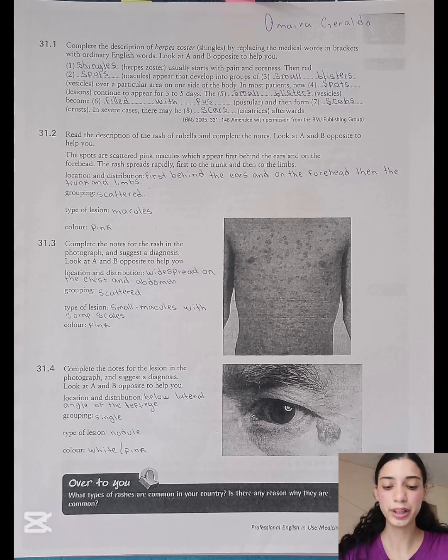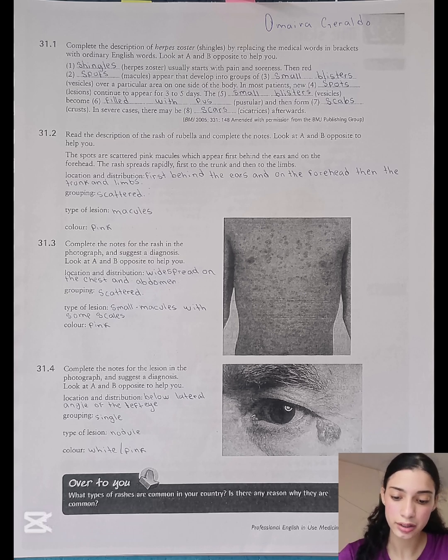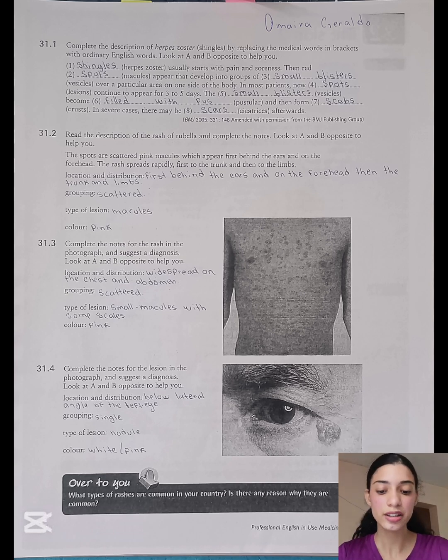Chapter 31. The skin, part 1. 31.1. Complete the description of herpes zoster, shingles, by replacing the medical words in brackets with ordinary English words. Look at A and B opposite to help you. Shingles, herpes zoster, usually starts with pain and soreness, then red spots, macules, appear that develop into groups of small blisters, vesicles, over a particular area on one side of the body.